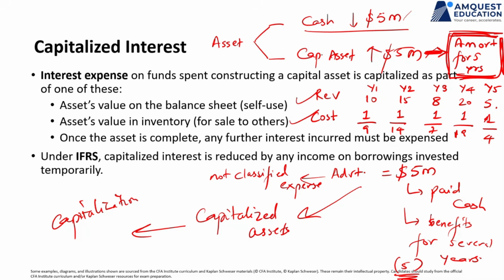If you don't do this, then it will look something like this. Year one, revenue $10 million, cost $5 million, right? Profit 5. And then for year two, $15 million of revenue, zero cost, which is not possible. You cannot generate revenue without incurring cost. So this is incorrect.